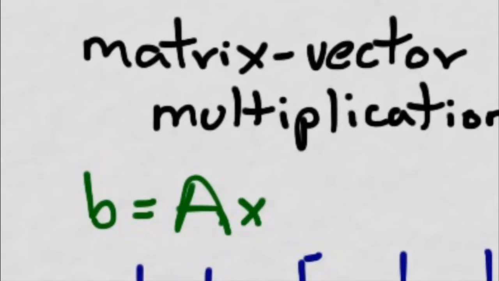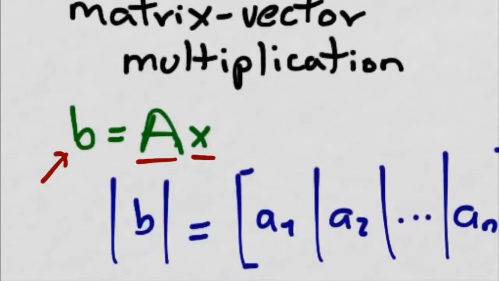By multiplying a matrix A times a vector x of n elements, we obtain a new vector of m elements. What happened? The multiplication with the matrix is a linear transformation from an n-dimensional space to an m-dimensional space. And what is this new vector?